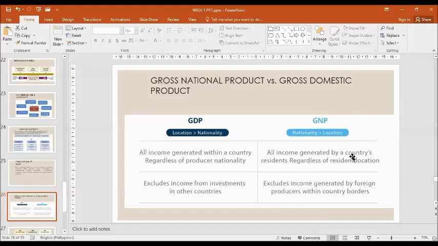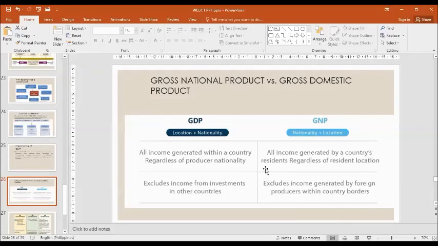It excludes income generated by foreign producers within the country's borders. For example, the income of an OFW is counted under the gross national product.